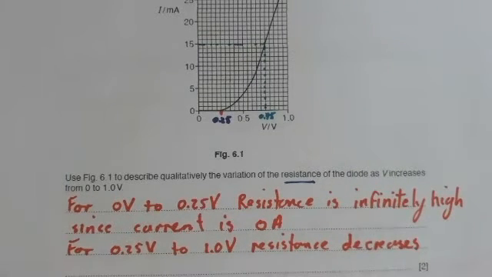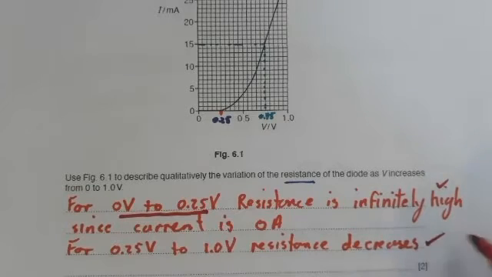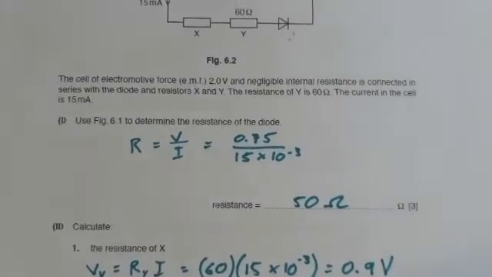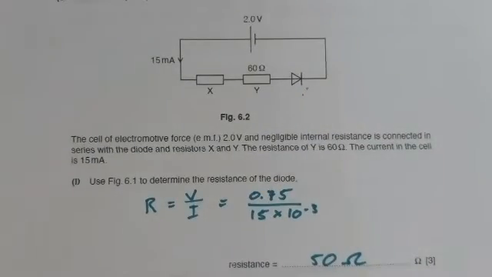So 2 marks: the first mark is for stating that there is infinitely high resistance between those two values, and then stating that the resistance decreases beyond that point to 1 volt, because that's what the graph tells us. Just literally what is given in the graph. I'm going to keep the graph close by because we're going to use it in the next question as well.